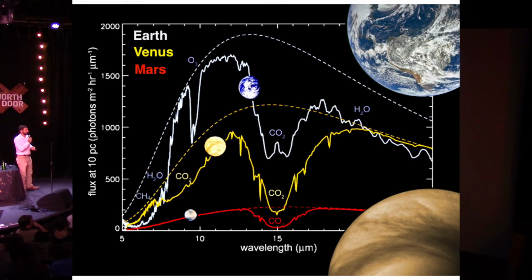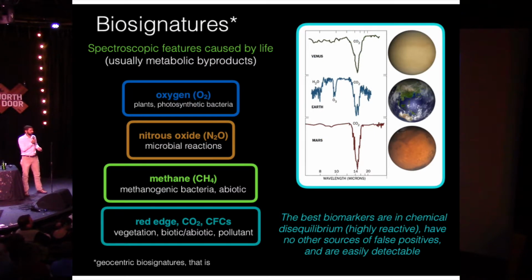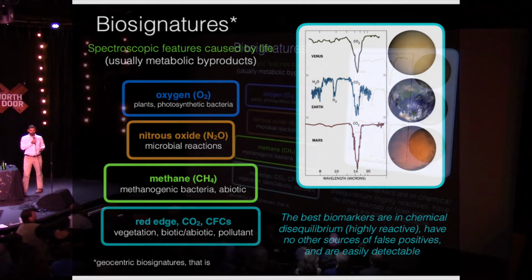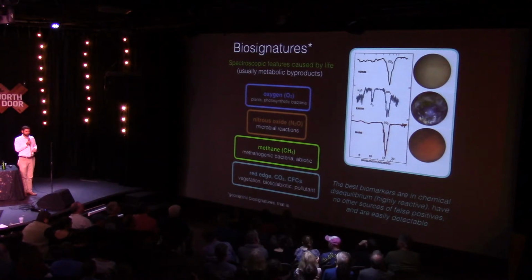We may also be able to identify biosignatures, which are spectroscopic features caused by life, usually in the form of metabolic byproducts. So that includes oxygen and a photolytic byproduct of that, which is ozone, O3, nitrous oxide, methane, something called the red edge in the optical spectra of our Earth, which is caused by chlorophyll.